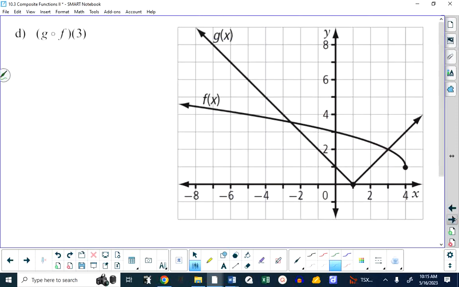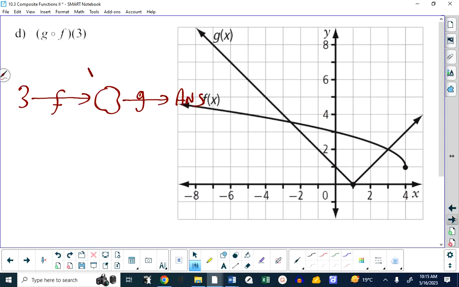Right? G of f of 3. So this means 3 gets run through F. Whatever comes out gets run through G, and that gives us the answer.